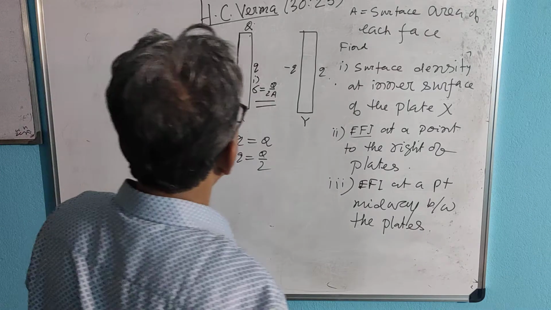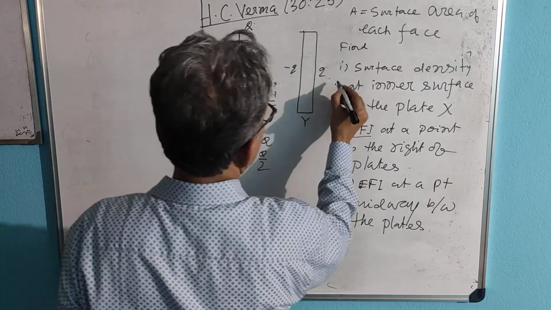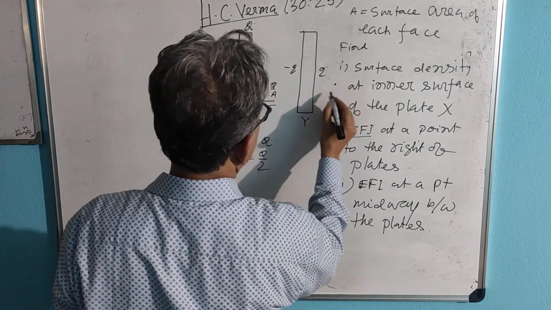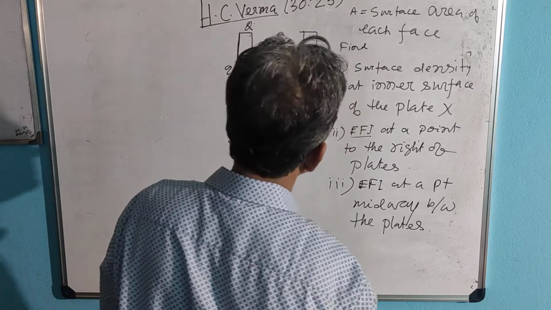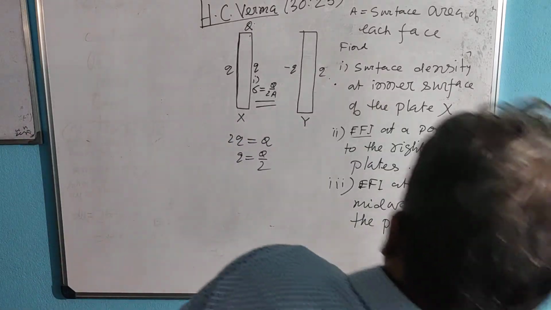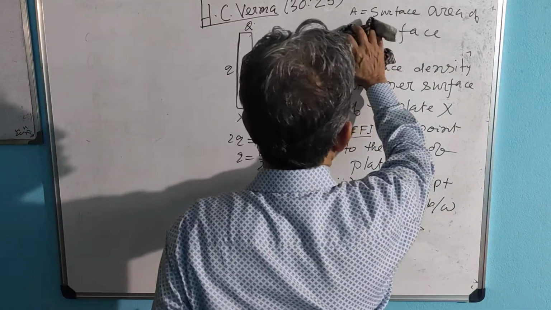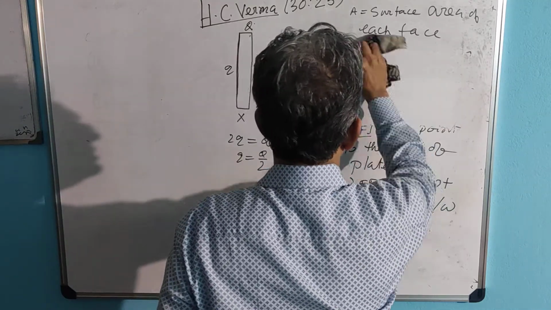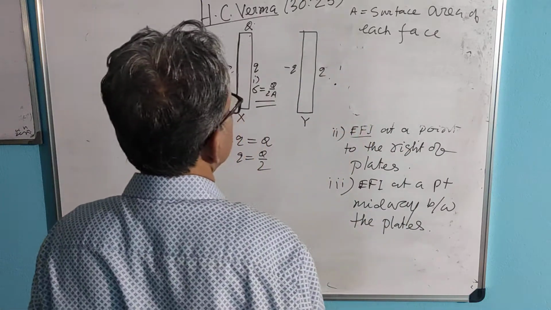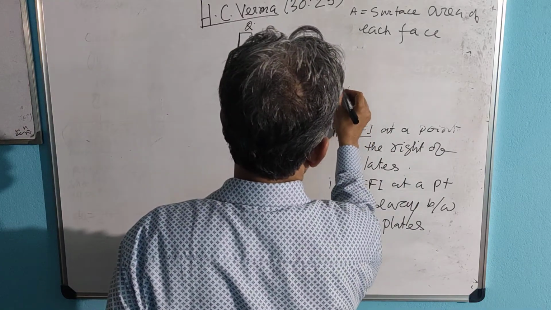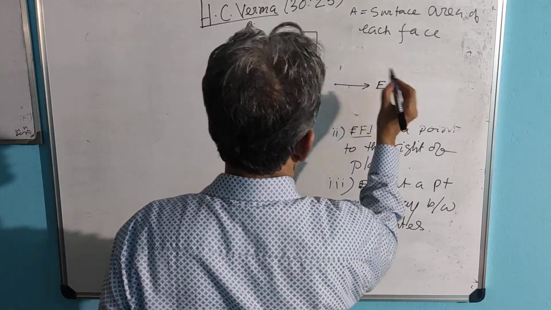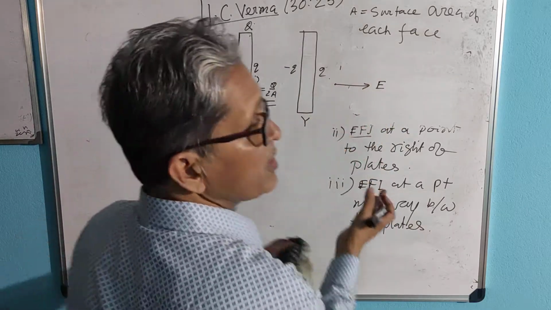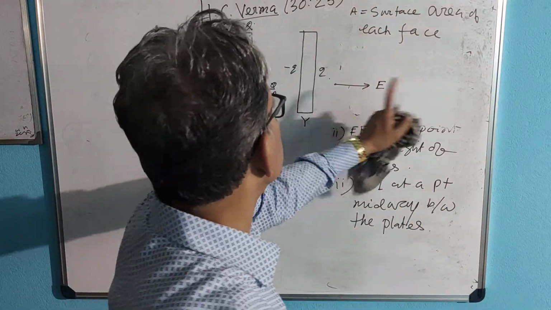Now find the electric field intensity at any point on the right side of the combination. What will be the electric field intensity? Suppose in this direction, I don't know in which direction it will be. I have taken it in this direction.